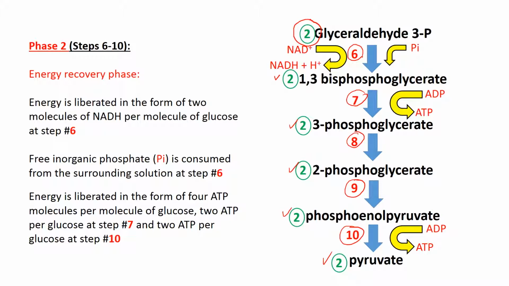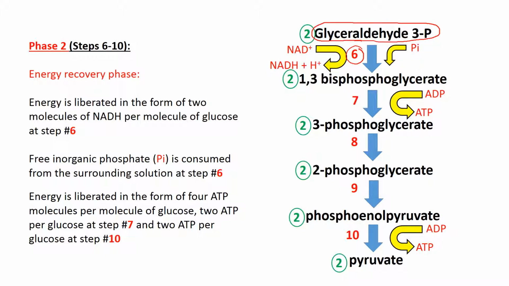So let's start with step 6 of glycolysis, right here on the top. During this step, the end product of phase 1, the glyceraldehyde 3-phosphate, that would be this one right here on the top. This is the end product of phase 1.